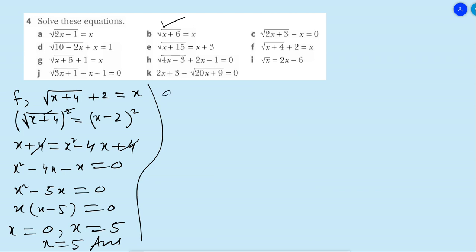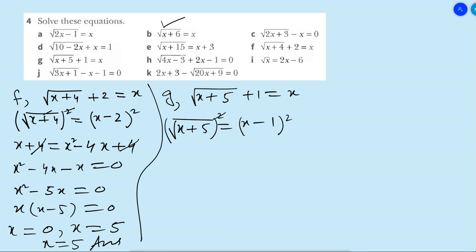Part G. √(x + 5) + 1 = x. √(x + 5) = x − 1, taking square on both sides.